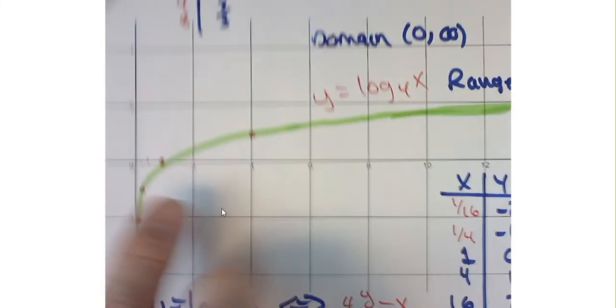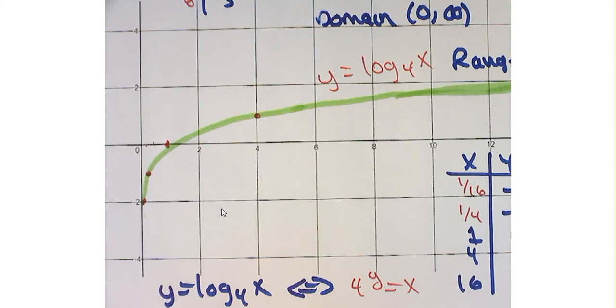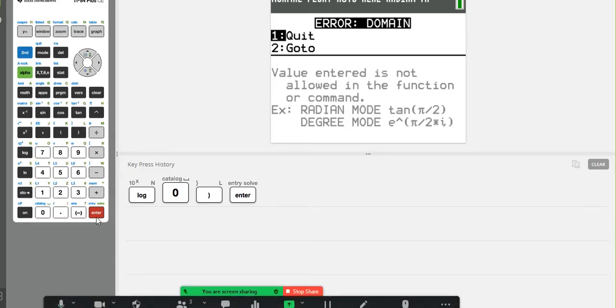So as you get closer and closer to 0 with the value that you're taking the log of, this function is going to dive deeper and deeper down towards negative infinity. So you're going to get bigger and bigger negative numbers as you take log of something closer to 0.